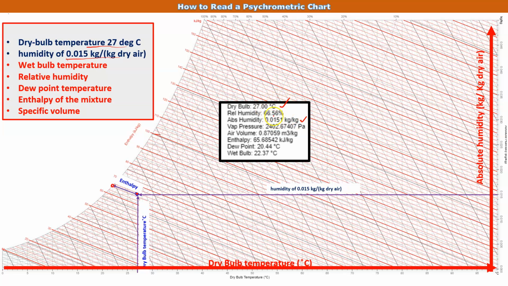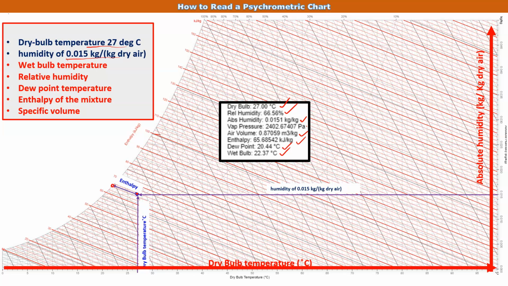From this psychrometric chart we can find, as I already showed you, the relative humidity, air volume, enthalpy, dew point, and wet bulb temperature. And as we know the absolute humidity, from that we can calculate the vapor pressure of the water, so we can calculate those things also. So this is one type of psychrometric chart.